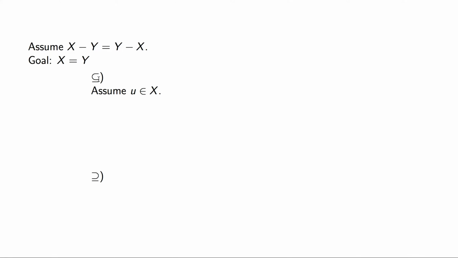To prove the first inclusion, that x is a subset of y, we take an arbitrary element u from x, and our goal is to show that u is a member of y.